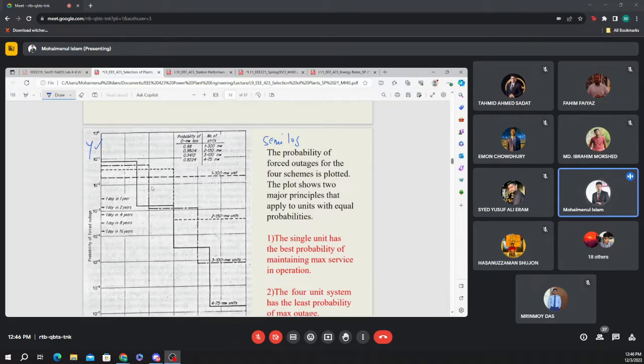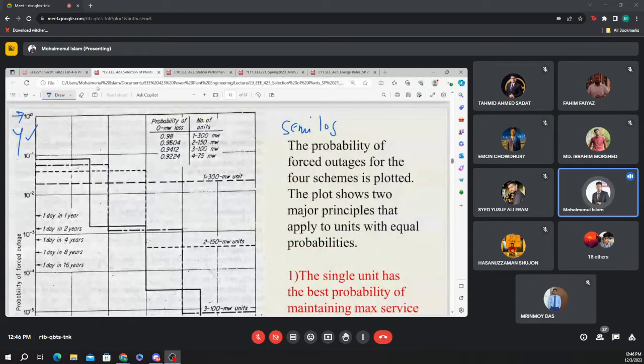You can find 10 to the power naught, that means 1. If I make it big, that is 10 to the power naught, and that value is 1. So 0.98 should be somewhere around here. This graph should start from this point. You see this point is 10 to the power minus 1, and this point is 10 to the power minus 2.